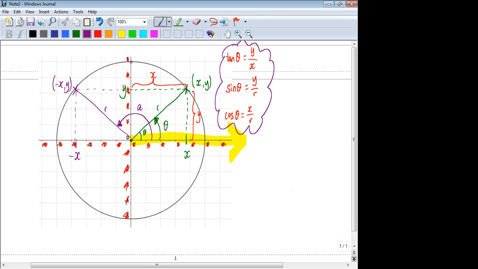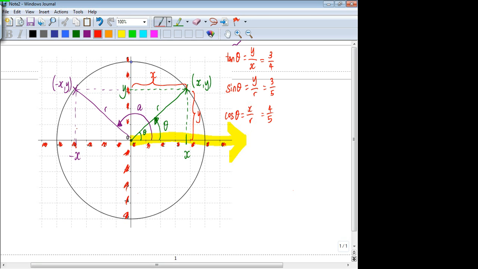So let's pretend that, in our earlier example, we said this was equal to, how much? 3 over 4, right? This one was 3 over 5, this one was 4 over 5. This was the earlier example.